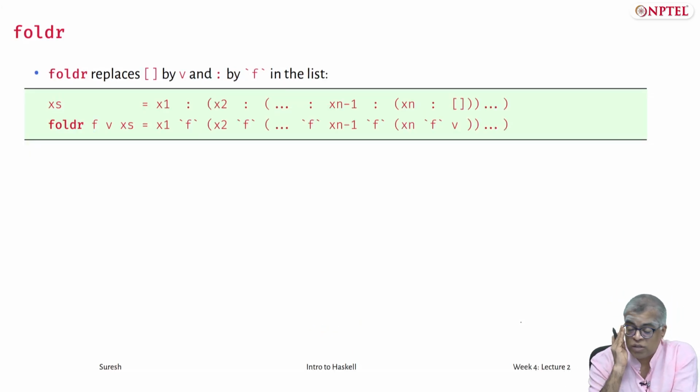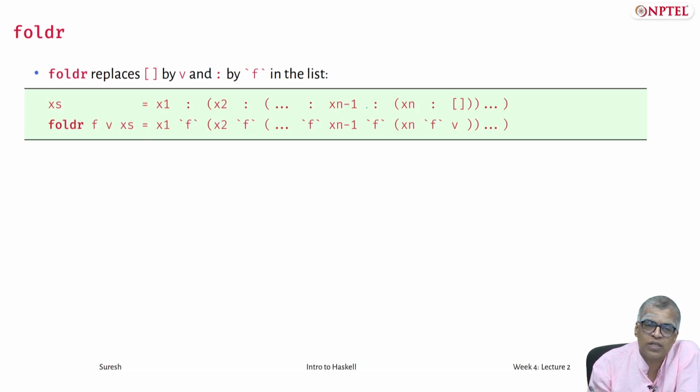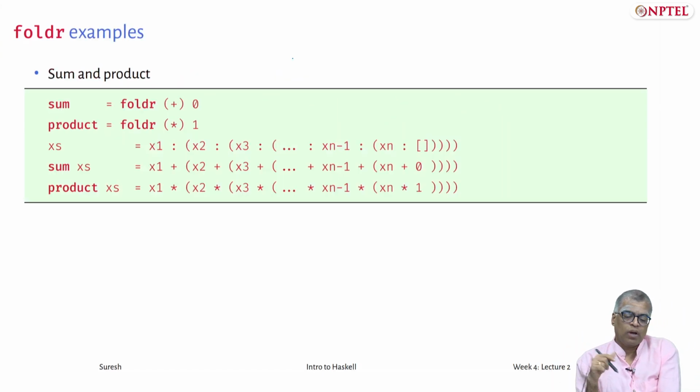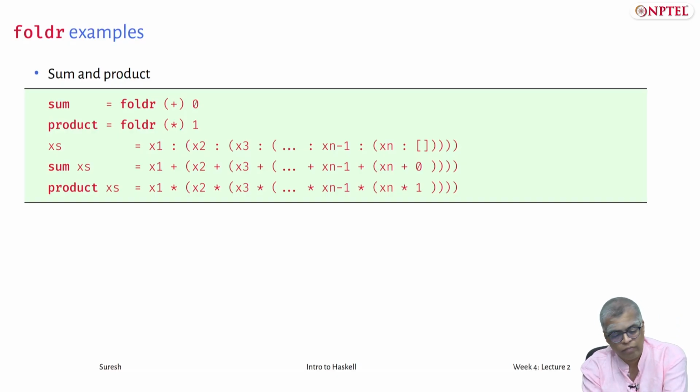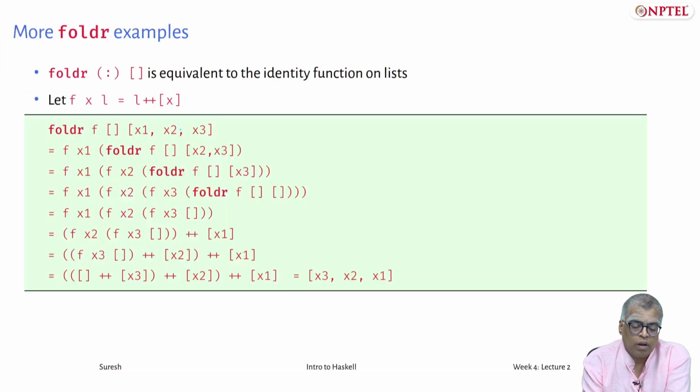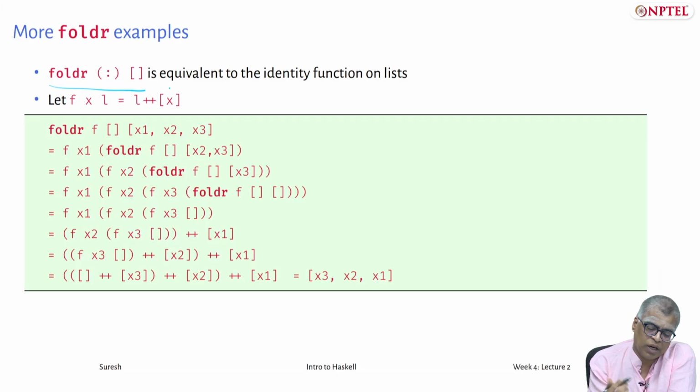Just for you to remember, if xs itself is built by using colon and the empty list, you can think of foldr f v of xs as replacing the empty list by v and the colon by f. And here are standard examples: sum is foldr plus 0, product is foldr times 1, and so on. We looked at this example also: foldr colon empty list is nothing but the identity function.